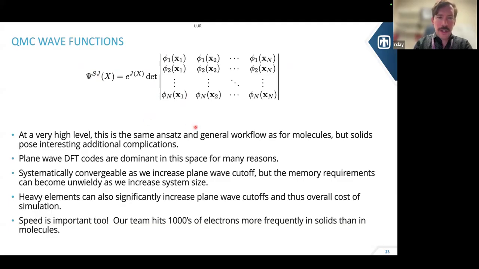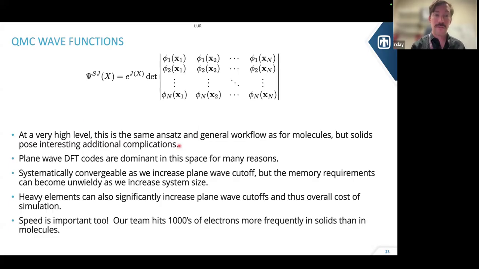But molecules use localized basis sets. They use Gaussians, and you can use periodic Gaussians in solid state calculations, and sometimes we do. But the heavy hitter DFT codes that you would use for solid calculations work completely in Fourier space.